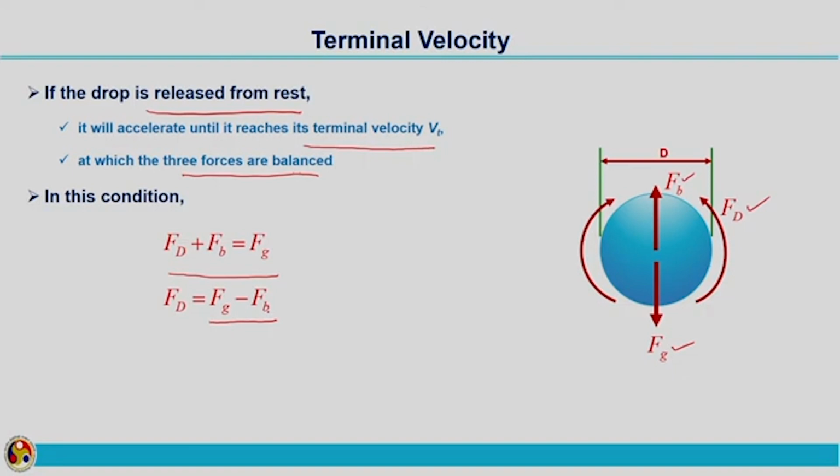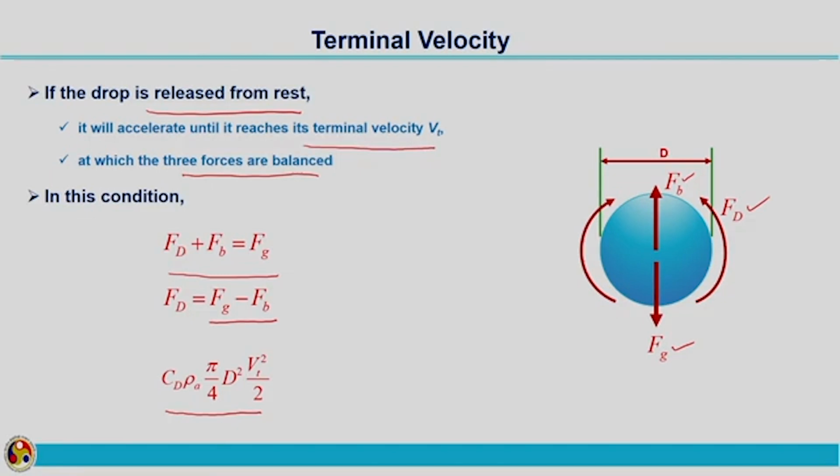This is for simplicity only, because you know Fg and Fb have similar expressions, only with the difference of density of water and density of air. So, that we are going to substitute here. So, Fd is given by the expression Cd rho a pi by 4 d square Vt square by 2. We have written in the previous expression V square by 2.